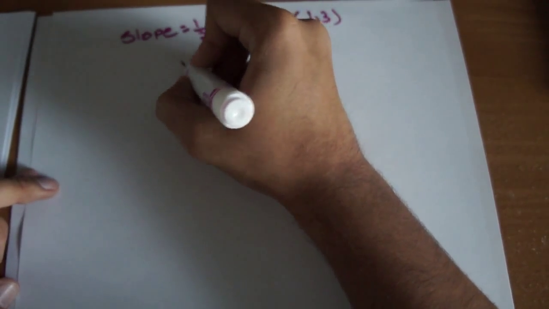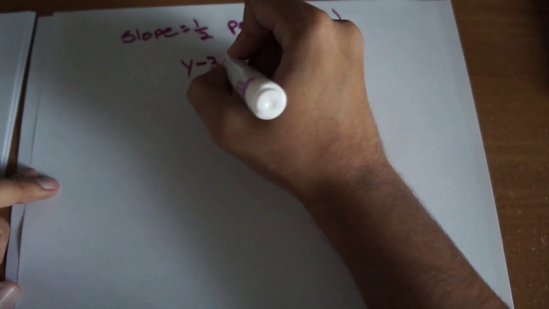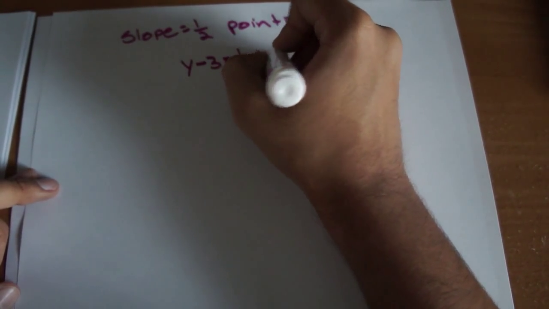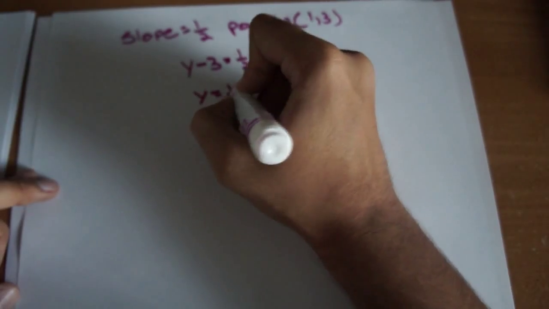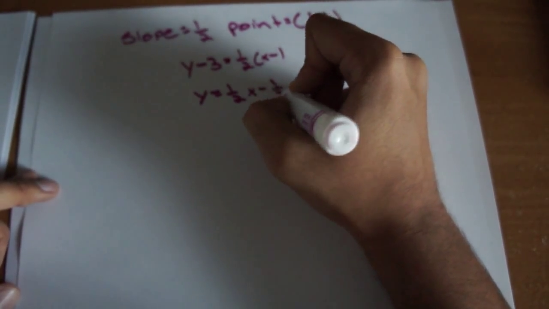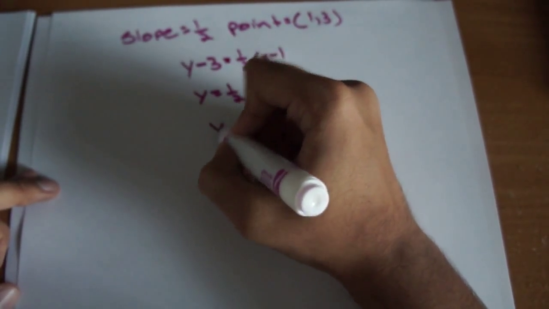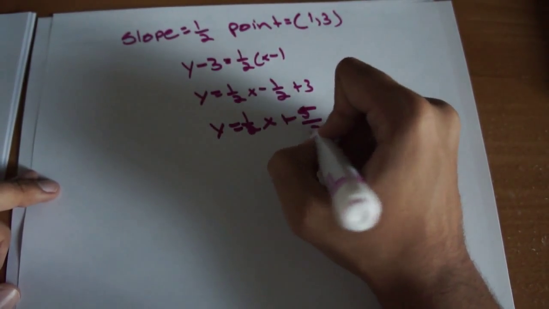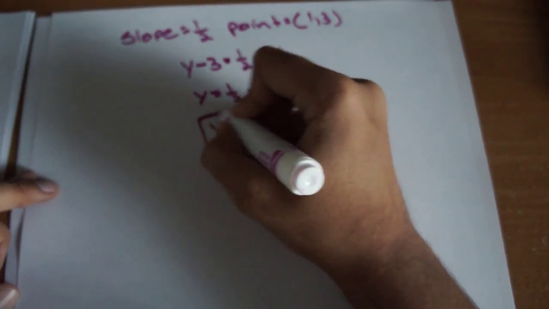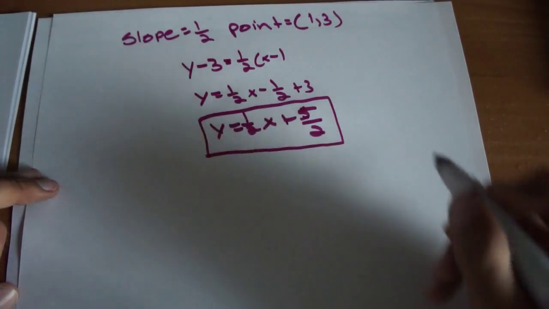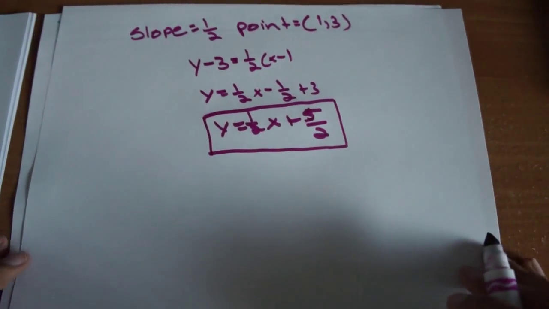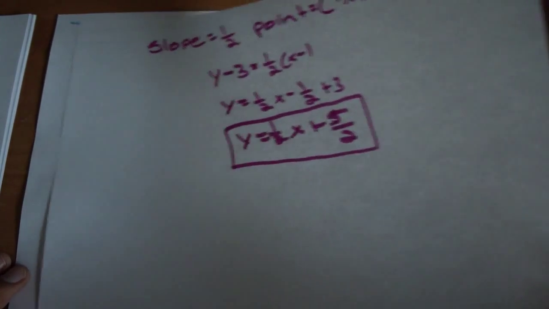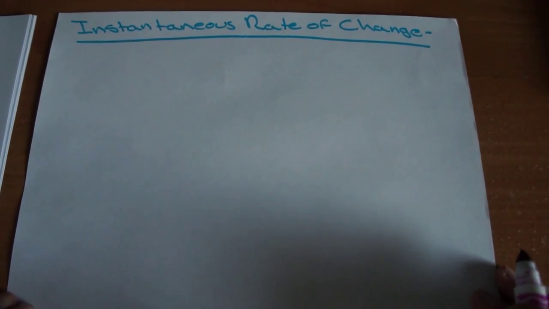So using point slope form, we have y minus 3 equals 1/2 times (x minus 1). y equals 1/2 x minus 1/2 plus 3, and y equals 1/2 x plus 5/2. So that is the equation of the normal line of 4 minus x squared at the point x equals 1. Finally, we have instantaneous rate of change.